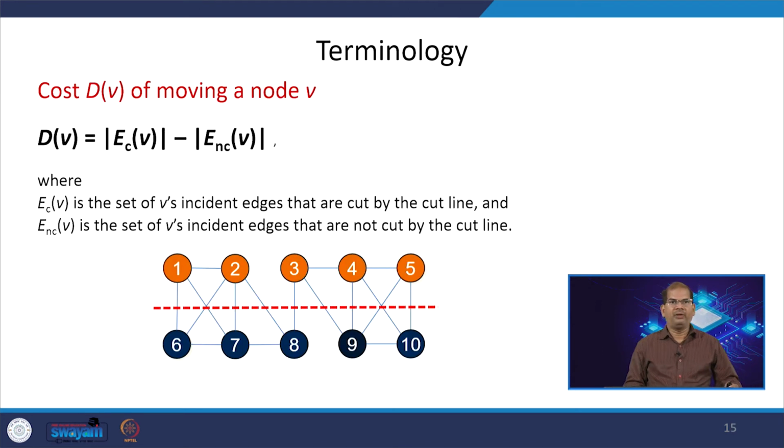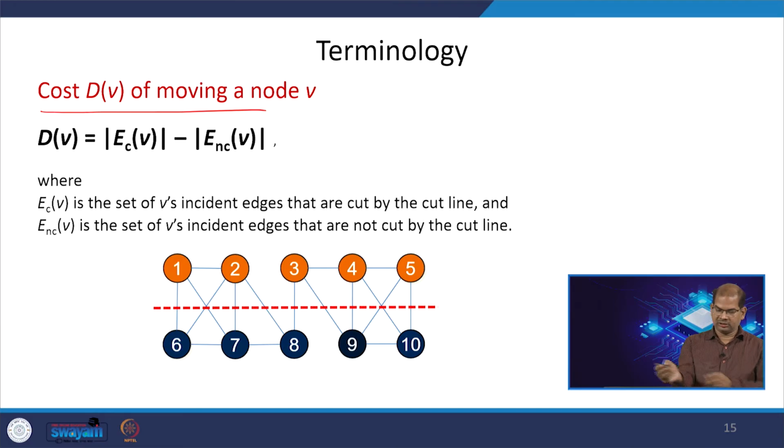Now, we have to define some cost function. If I move a node from one partition to the other partition, how can I evaluate its cost? The cost D of moving a node V is defined by two parameters: the size of E_c of V minus E_nc of V. E_c of V is the set of V's incident edges that are cut by the cut line, that is why it is denoted by c.